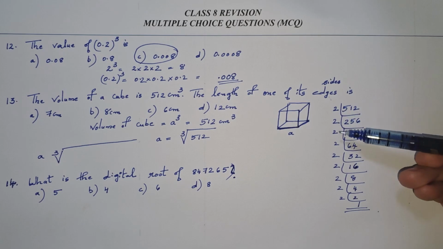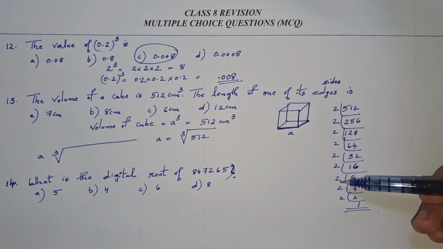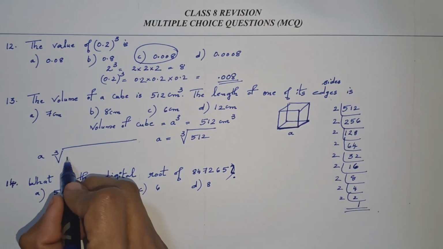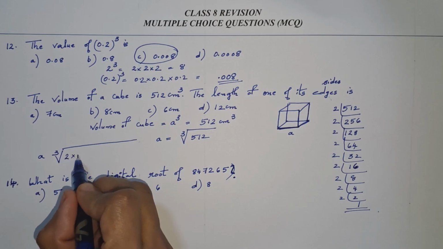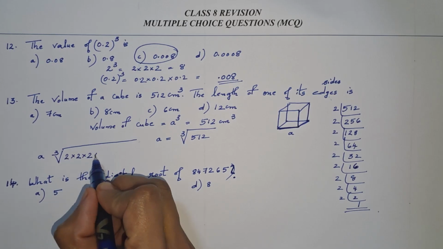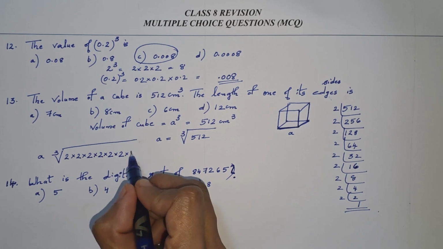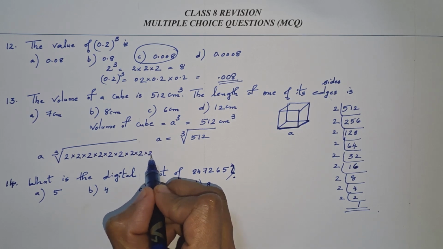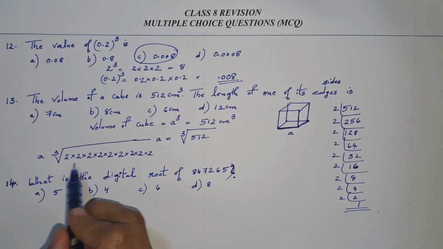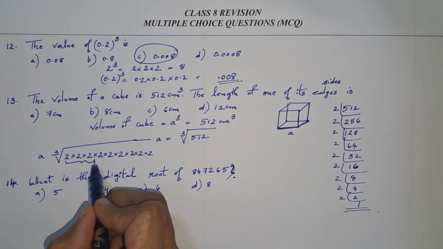How many are there? 1, 2, 3, 4, 5, 6, 7, 8 and 9. 9 2's, right? So 2 multiplied by 2 multiplied by 2 multiplied by 2, 2, 2, 2, 2 and another 2. From these we will make sets of 3.